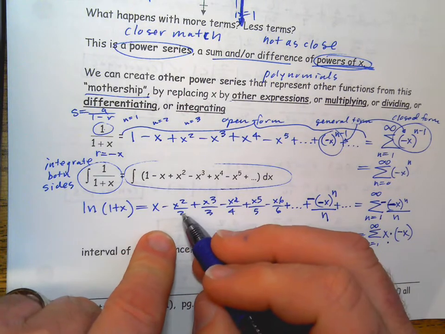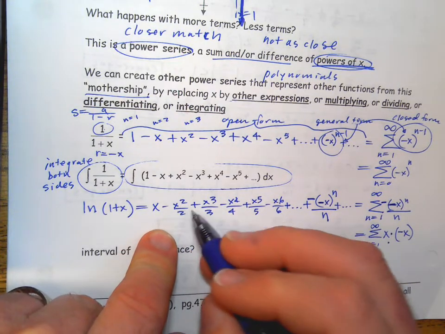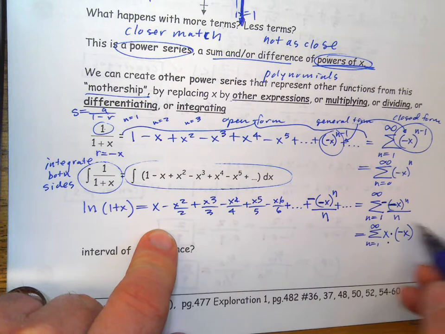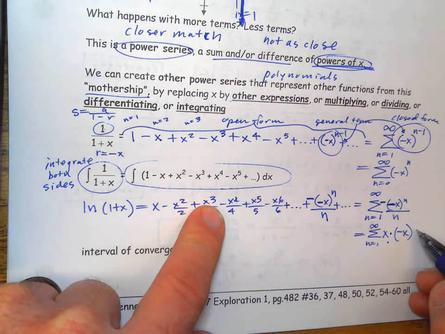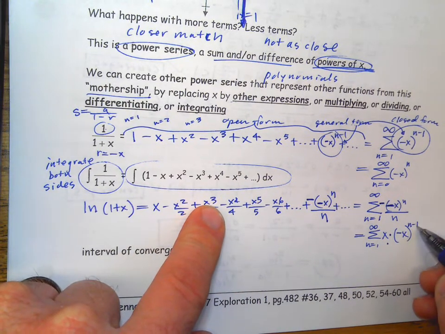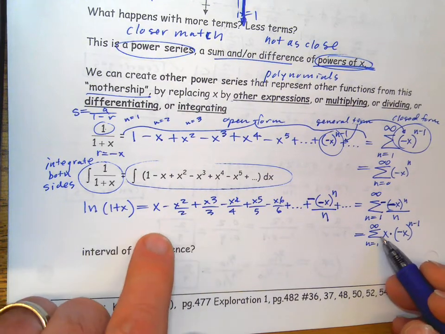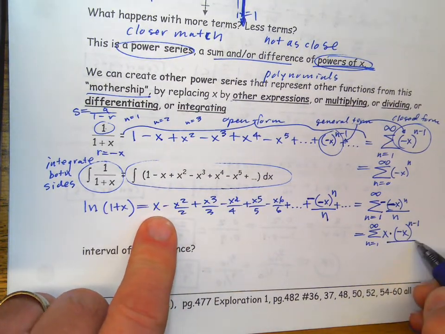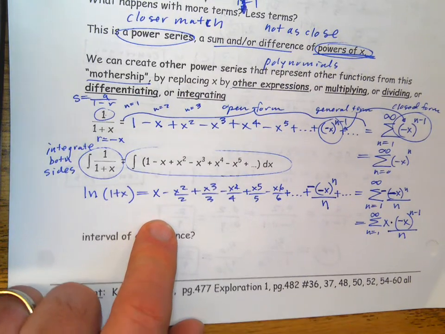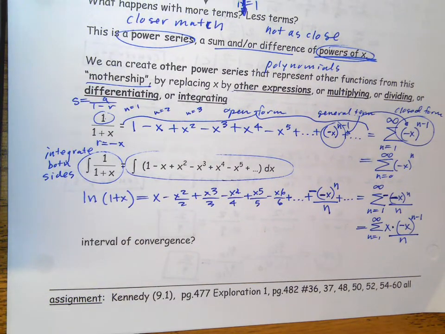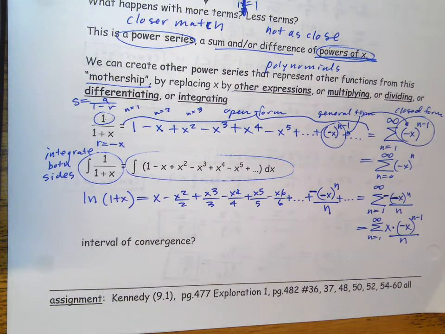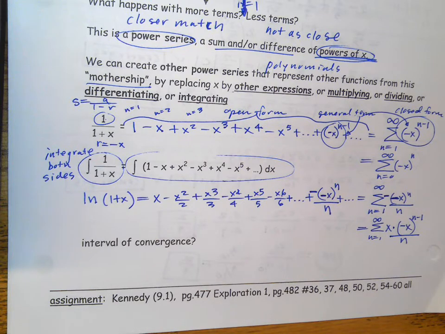The r value isn't the same number being multiplied anymore. So it's kind of weird. It's kind of like there's a geometric series on top, and you do n minus 1 because you want an x there, and then you're going to divide by n afterwards. So we started with a geometric series that we got a power series from, and then we integrate both sides, and now it's creating other series that aren't quite geometric series.